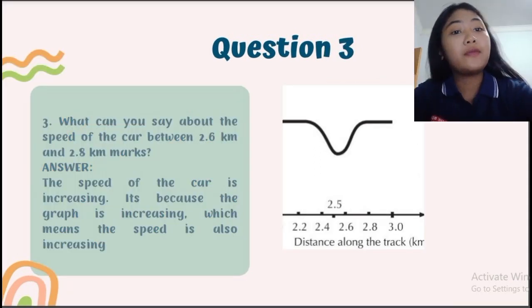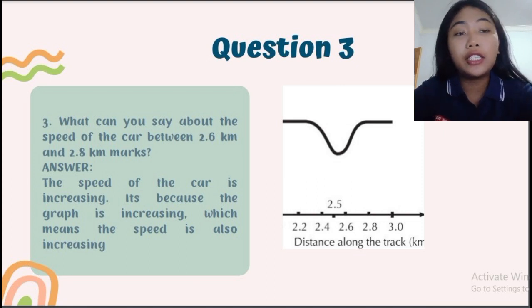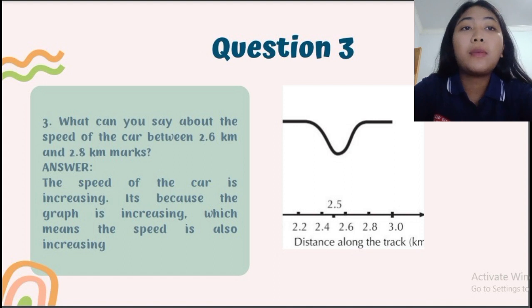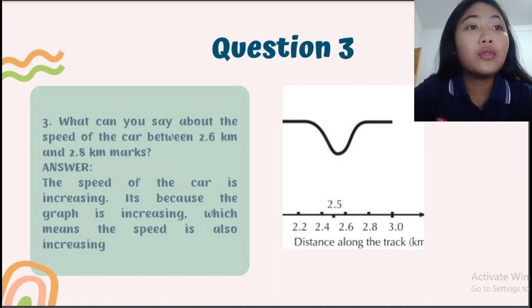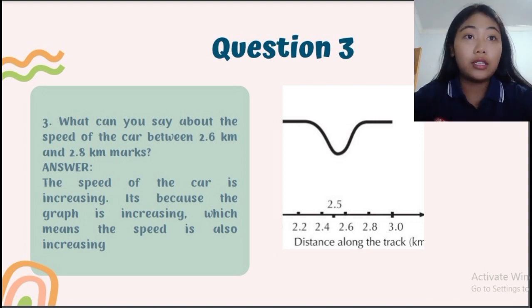Okay, let's move on to the third question. What can you say about the speed of the car between the 2.6 kilometer and 2.8 kilometer marks? I already cut the graph, and it shows the 2.6 kilometer and 2.8 kilometer marks.